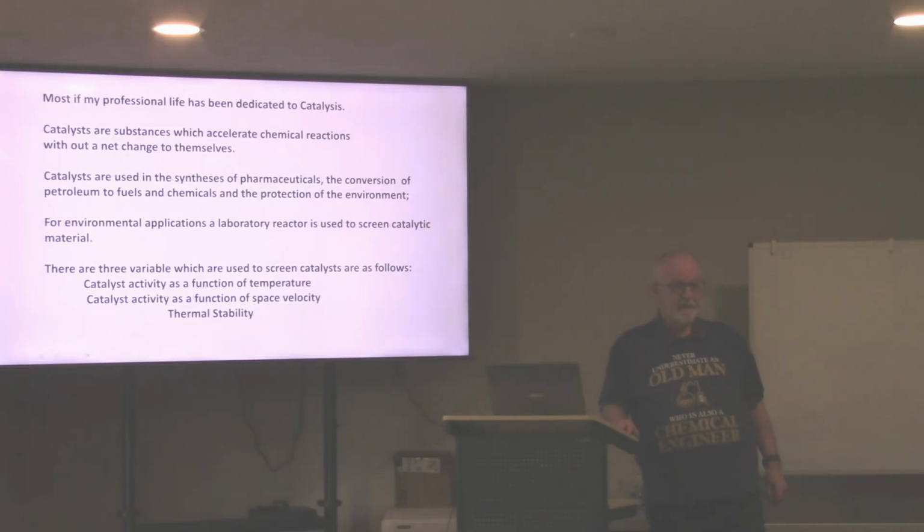It's called space velocity. So it's the volume of the catalyst divided by the flow rate. And in a typical automobile, that number would be 100,000. So it means that the catalyst is processing its own volume 100,000 times an hour.